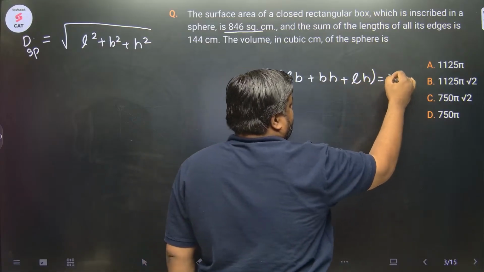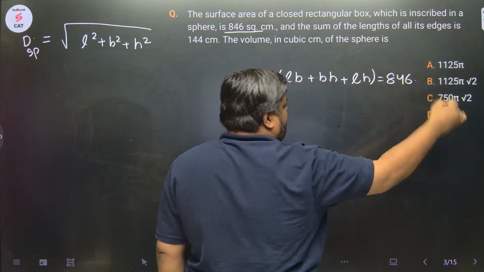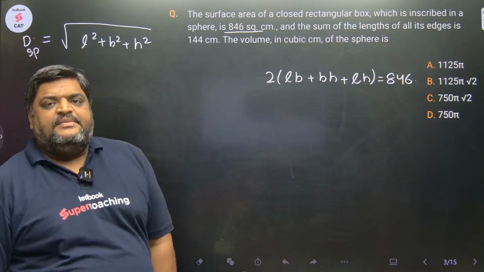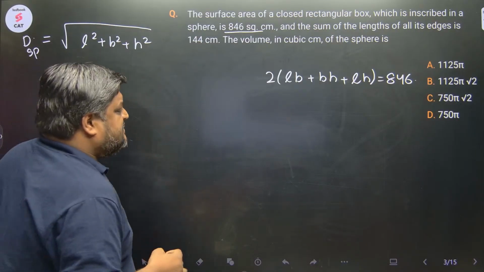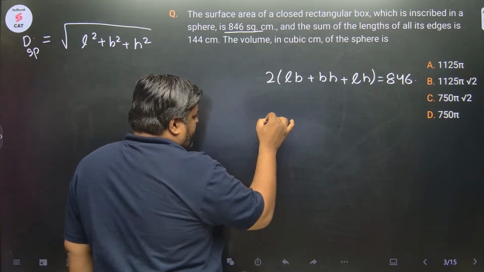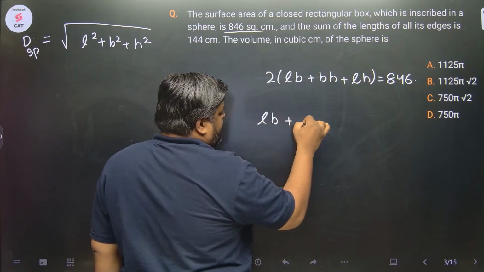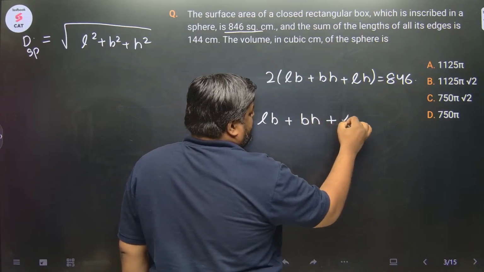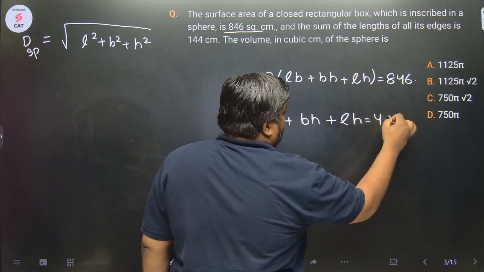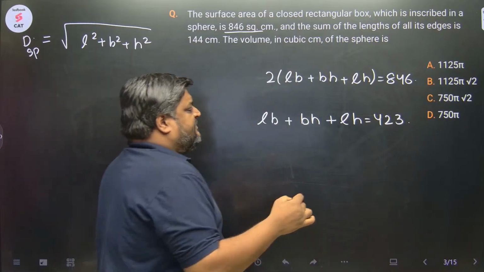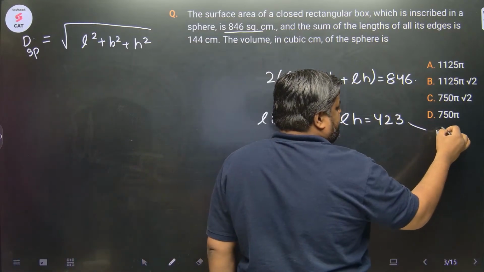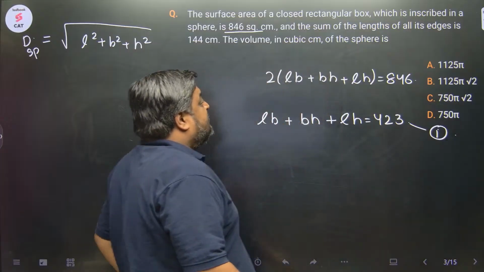This is nothing but 846. So LB plus BH plus LH is 423, right? Let this be one of the equations.